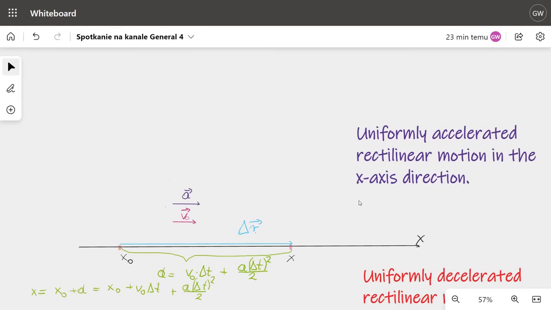Coordinate of final position equals x0 plus distance d. It is equation for distance in this case. So, coordinate of final position equals this.